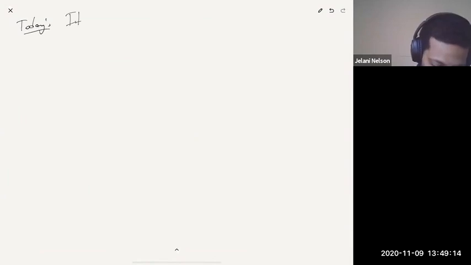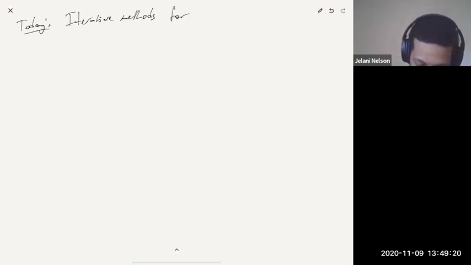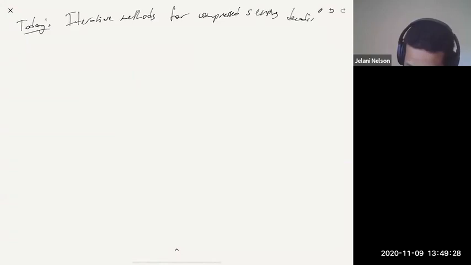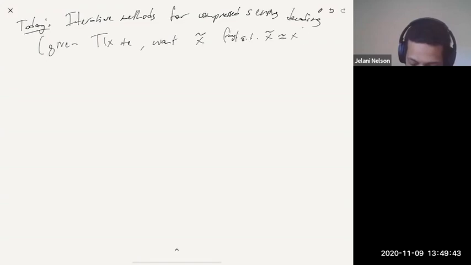So, iterative methods for compressed sensing. I'll call it decoding, meaning given Πx + e, we want x tilde fast such that x tilde is roughly x.